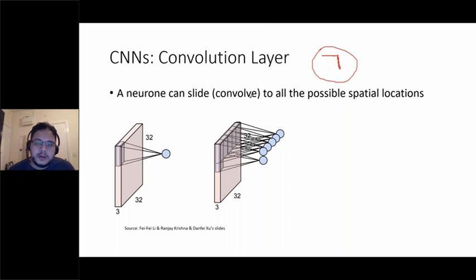Yes, we don't need multiple neurons. So we can use one single neuron that can recognize a shape like this edge, and slide it, because this shape is very small and the image is very big. So we have this neuron capable of recognizing this shape, and it keeps sliding.